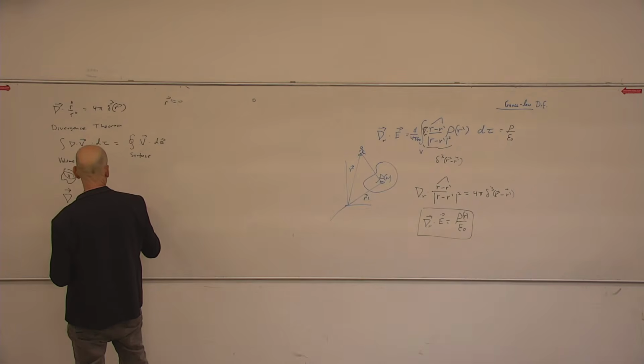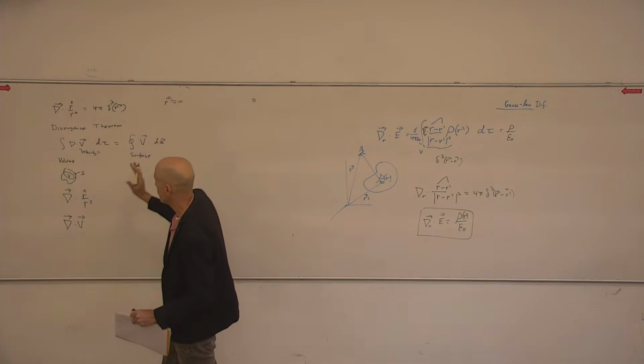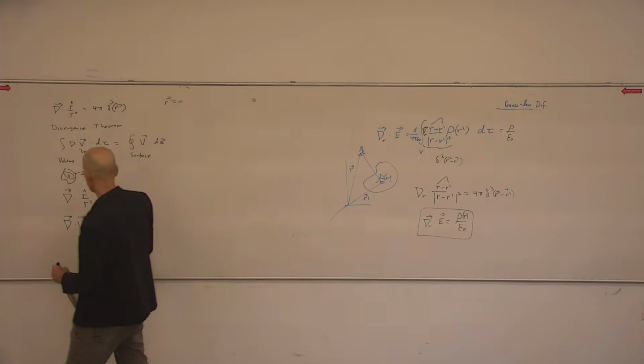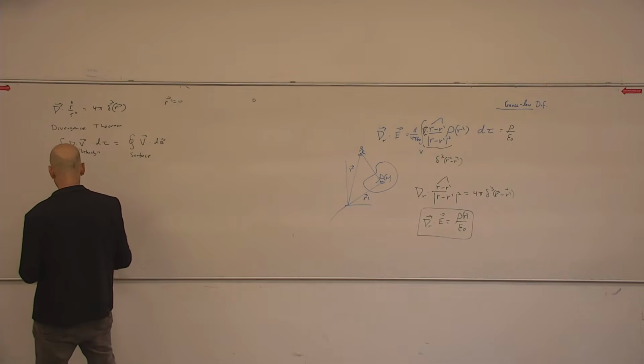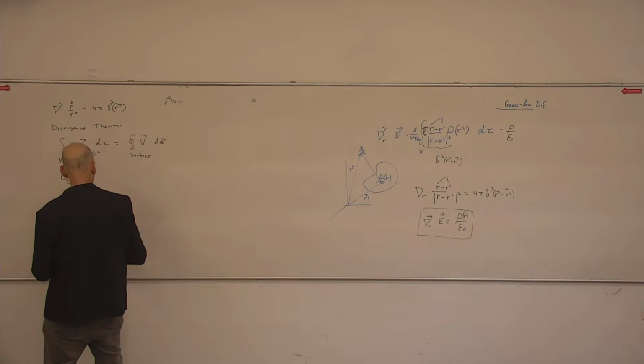Let me write it in general. Over some field v, again velocity, this is 1 over r squared, d dr r squared. This square is so important.